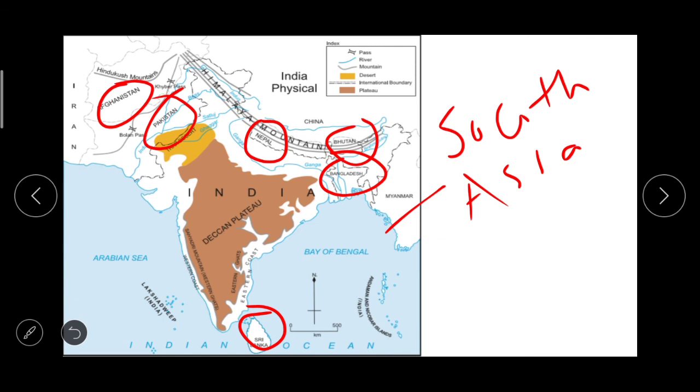Now, we talked about Afghanistan, Pakistan, Nepal, Bhutan, Bangladesh, but what about China and Myanmar? China and Myanmar are neighboring countries which are not a part of South Asia or the Indian subcontinent. Even then, they had cultural and trade relations with ancient India.